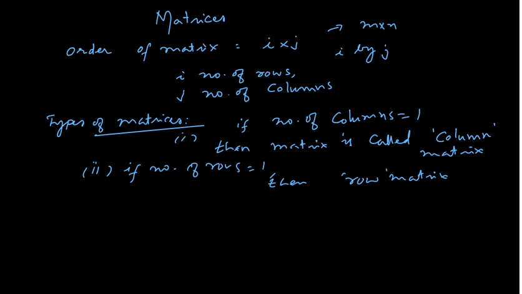Square matrix, if the number of rows equal to the number of columns. A matrix in which the number of rows are equal to the number of columns is said to be a square matrix.